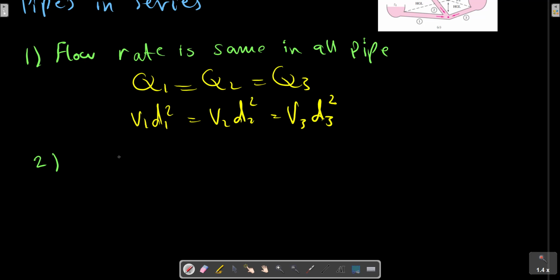that the total head loss through the system equals the sum of the head loss of each pipe.